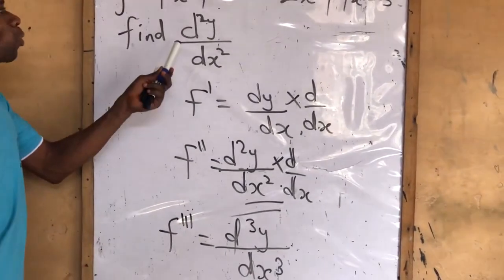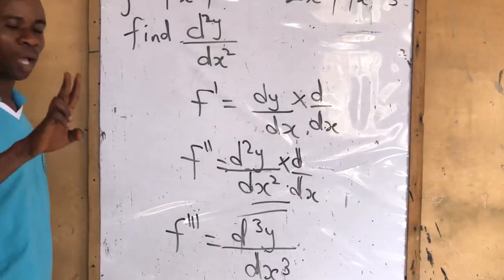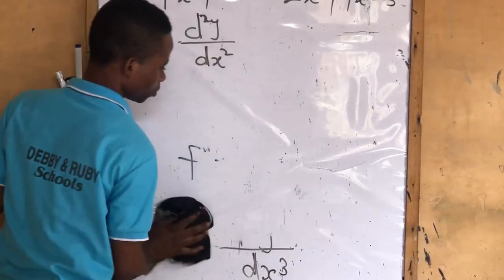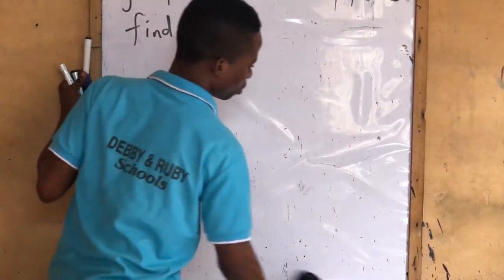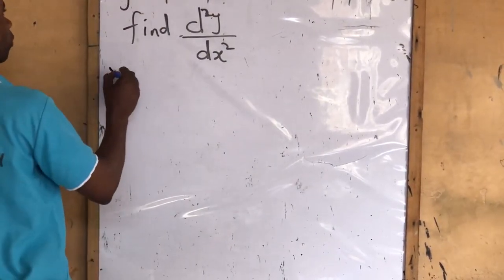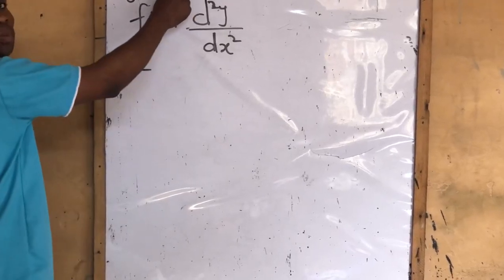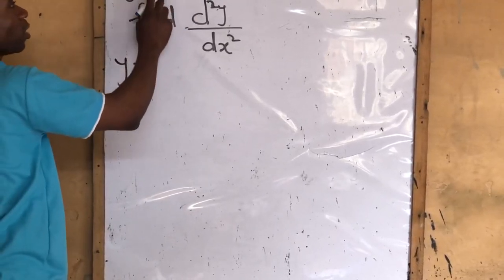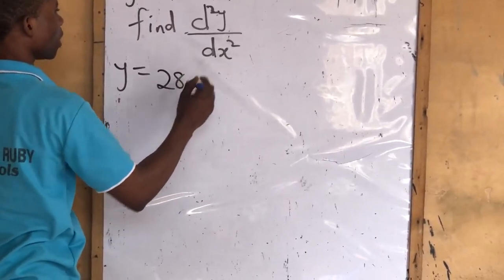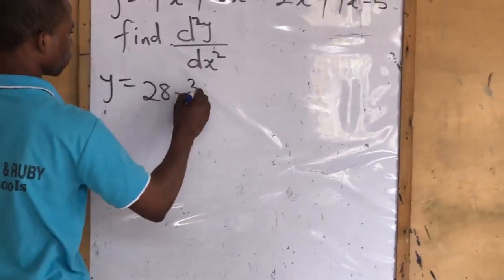Now, we are asked to do this. That means I'm differentiating it 2 times. Let me differentiate it first, because we are going to differentiate it 2 times. You multiply this 4 by this 7x. 4 times 7, that is 28x. And you remove 1 from 4, 4 minus 1, that is 3.